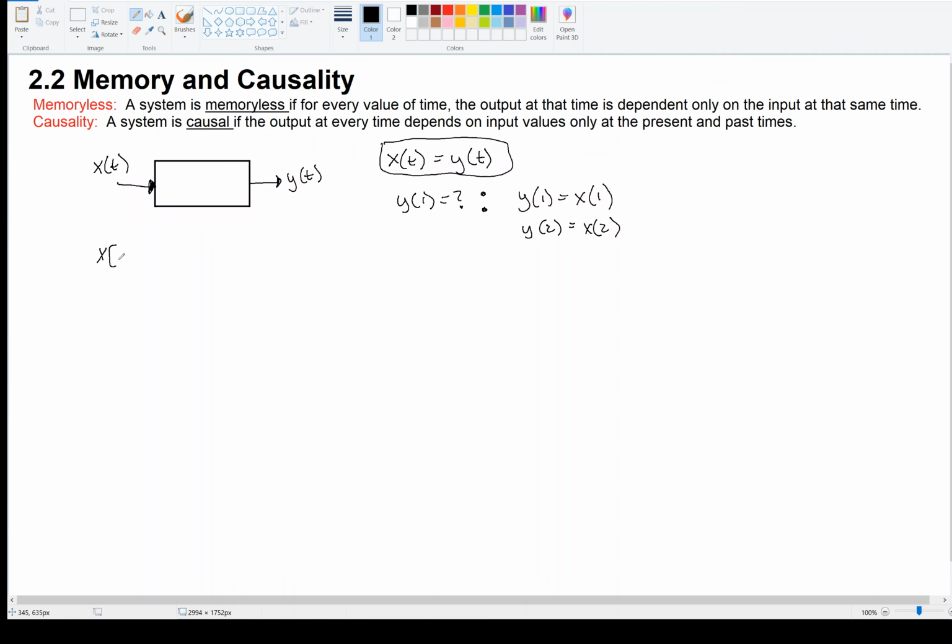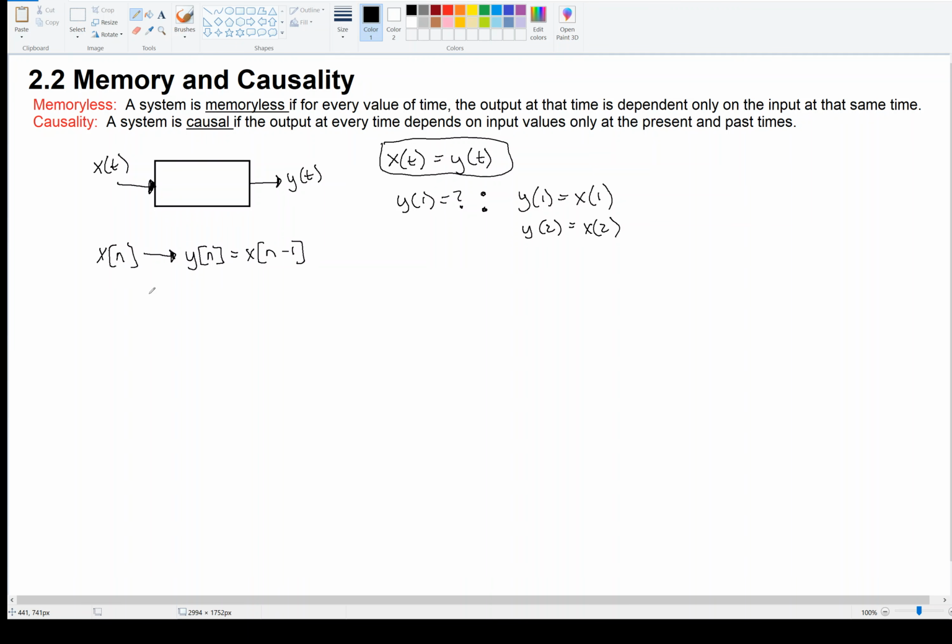Let's consider a delay. A delay in discrete time. Here's another example.